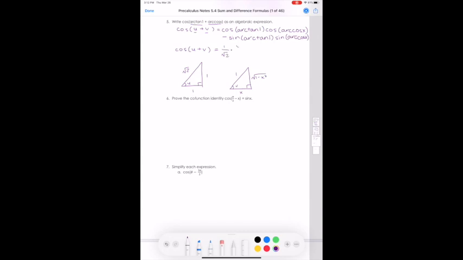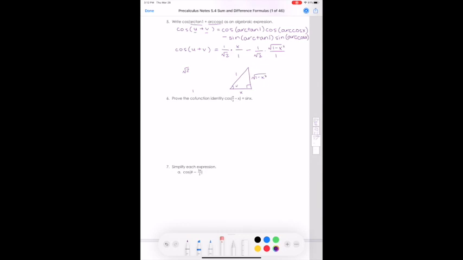And we'll switch that later. And then the cosine of the second triangle is x over 1, minus the sine of the first triangle is 1 over root 2 again. And then the sine of the second triangle is the square root of 1 minus x squared over 1.